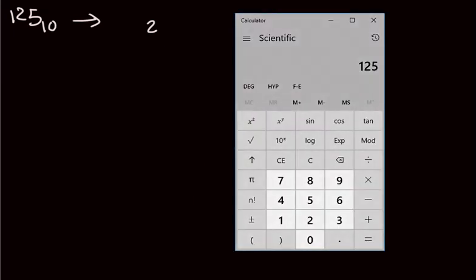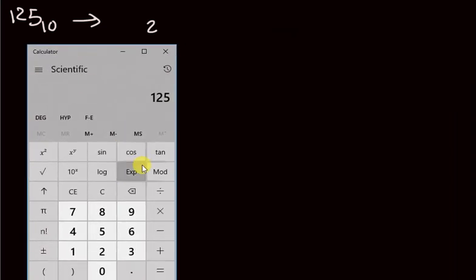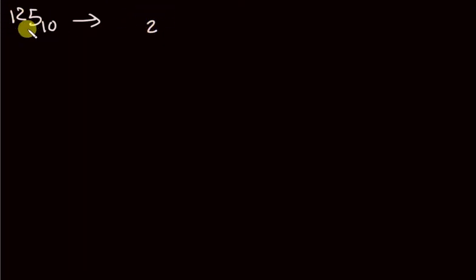Another way to do it is to use a scientific calculator and figure out the power of 2 which is just a little bit bigger than 125.